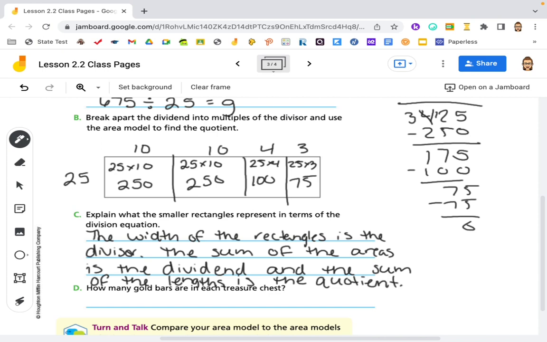So how many gold bars are in each treasure chest? Well, 10 plus 10 plus 4 plus 3 is 27. So 27 gold bars.